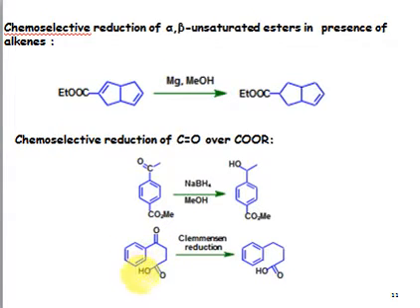Here we have a carboxylic acid group, and since it is acidic, it reacts with alkaline conditions, so it is affected under basic conditions. So we will not use the Wolff-Kishner reduction. Instead, we will use the Clemmensen reduction, because it makes use of acidic conditions. So this carbonyl will be reduced, while the carboxylic acid group will remain unaffected.